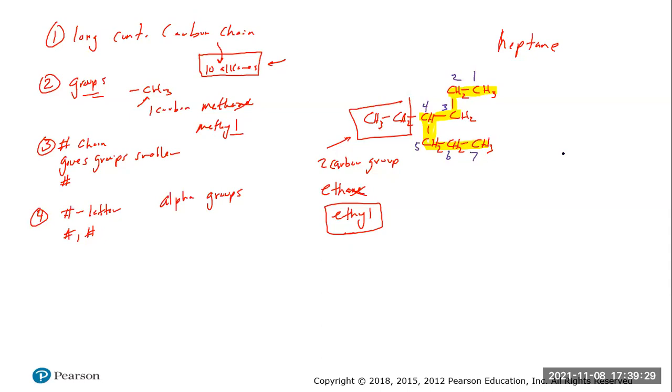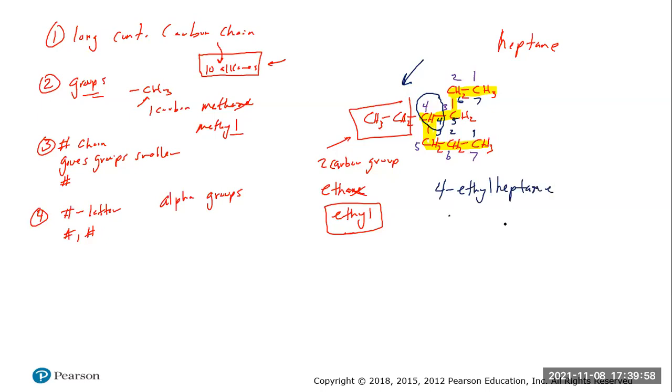We could also go the other way and see if there's any difference: 1, 2, 3, 4, 5, 6, and 7. In this particular case, it does not matter which way you go, as either way gets you 4, which would be the lowest. So putting that together gets us 4-ethylheptane.